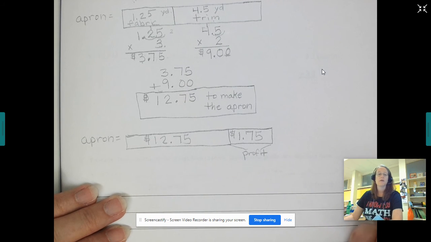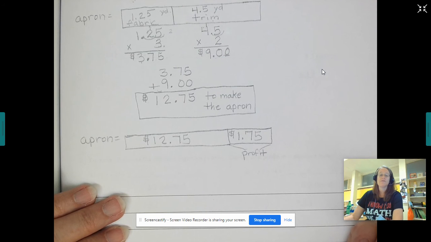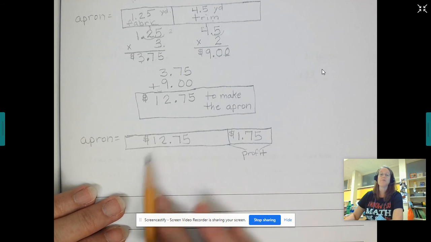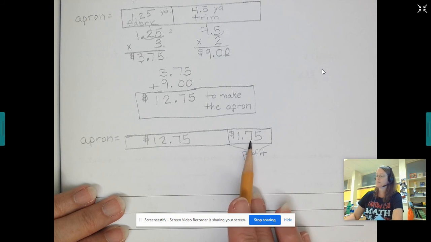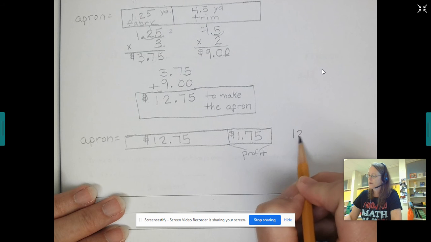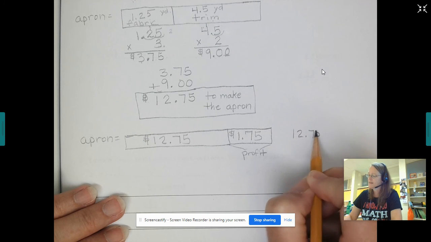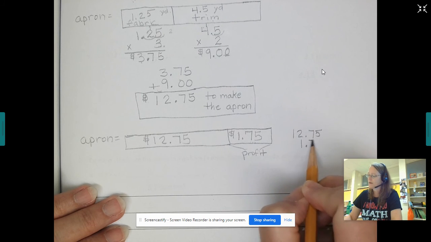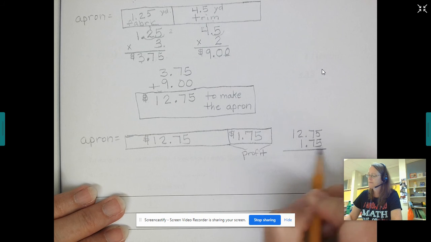Okay. So how are we going to figure out what we need to sell this apron for in order for us to be able to keep that $1.75 per apron? We're going to add $12.75 plus $1.75.